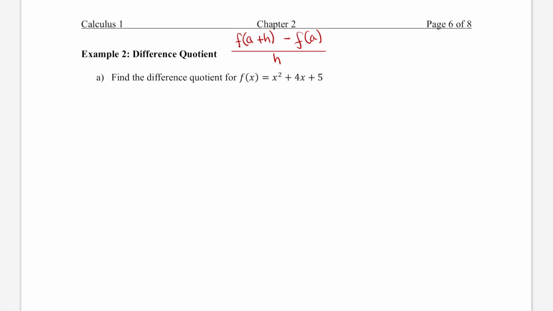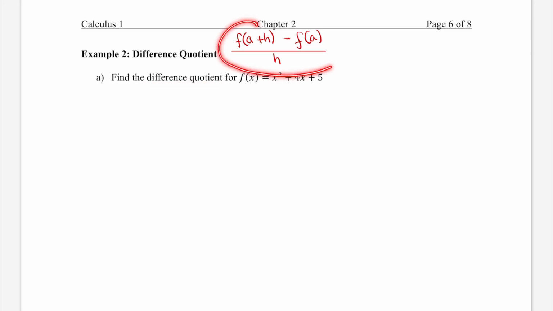Now that we've defined the difference quotient, let's practice finding it for a specific function. This is where algebra becomes very important. We're given the function f of x equals x squared plus 4x plus 5, and we want to find the difference quotient.